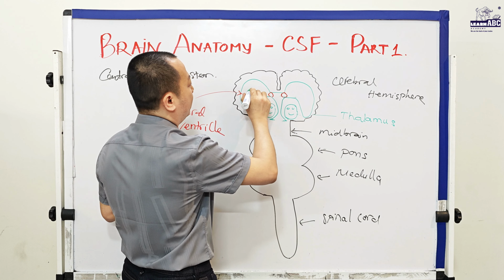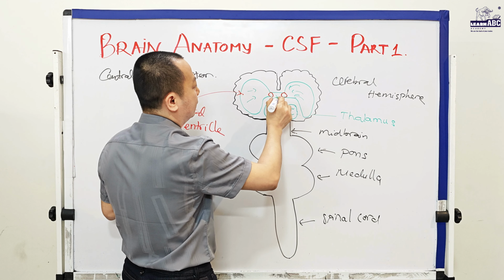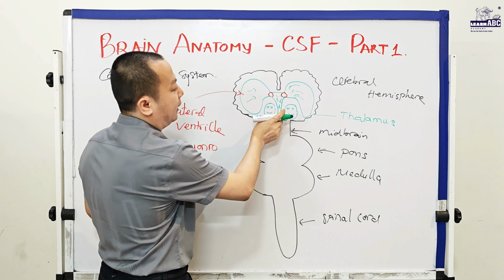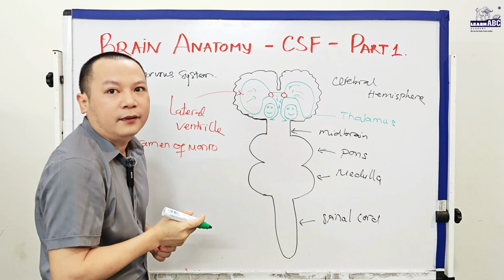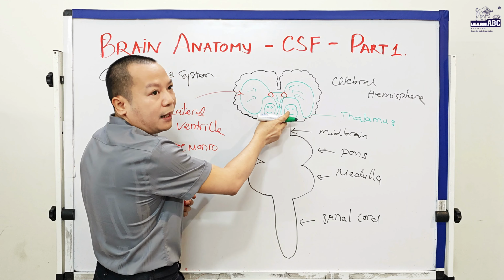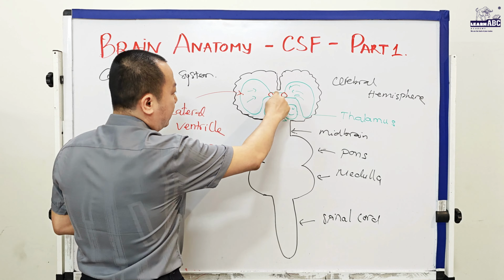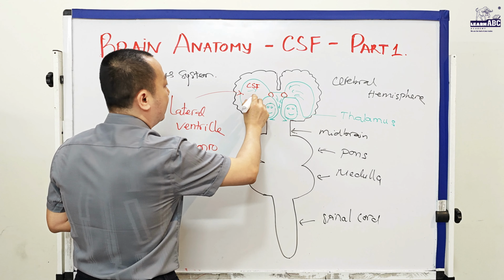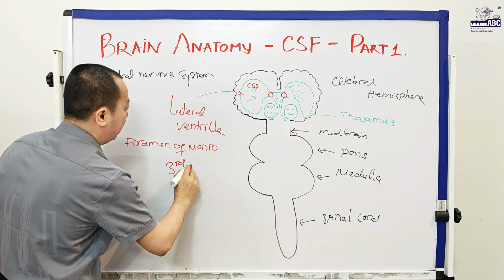This cavity is present between the two thalami, and the space between these two thalami we call the third ventricle. Now, the CSF is produced inside the lateral ventricles, and it flows to the third ventricle.